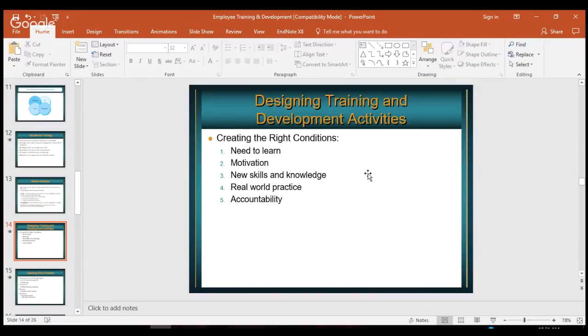Creating right conditions would include the need to learn, the motivation, the amount of energy we will exert, that is, to go about learning. Do we see a value in the new skills and knowledge? Is it relevant? Are there reward practices for what we are learning? Again, so the whole idea about relevance.